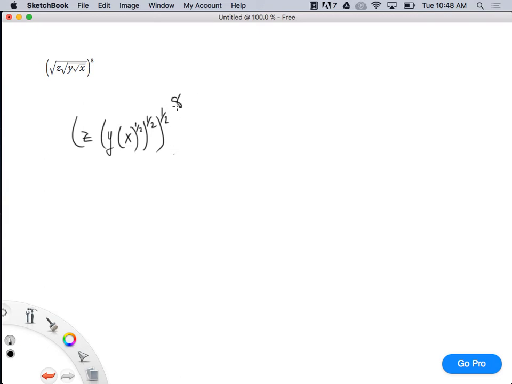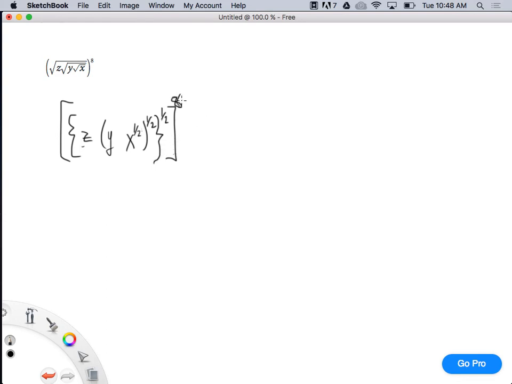Okay. I'll rewrite this with a square bracket. And then this I'll do like a squiggly bracket. And then this on the inside actually doesn't even need a bracket because it's just x to the 1/2. You guys see this now?